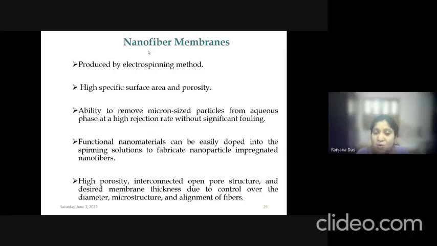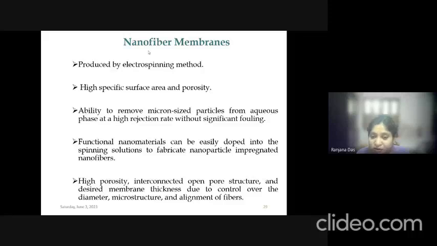If our water is contaminated with microplastic as well as some pharmaceutical components like antibiotics, and you want to remove both, what will be our approach? We should use a nanofiber membrane to which we add some TiO2 during preparation.